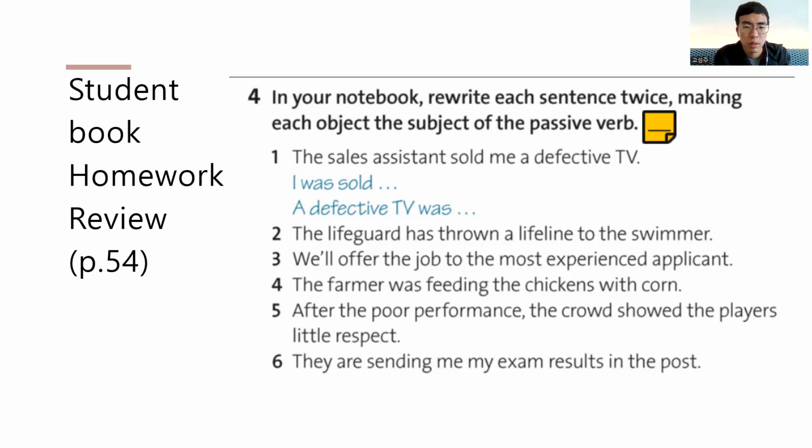And let's continue. Number two. The lifeguard has thrown a lifeline to the swimmer. So where is the indirect object? A lifeline, right? And the direct object is swimmer. Since we don't usually use the direct object as the subject, why don't we just make one sentence with the indirect object, okay? So I'm going to choose a lifeline as the subject.